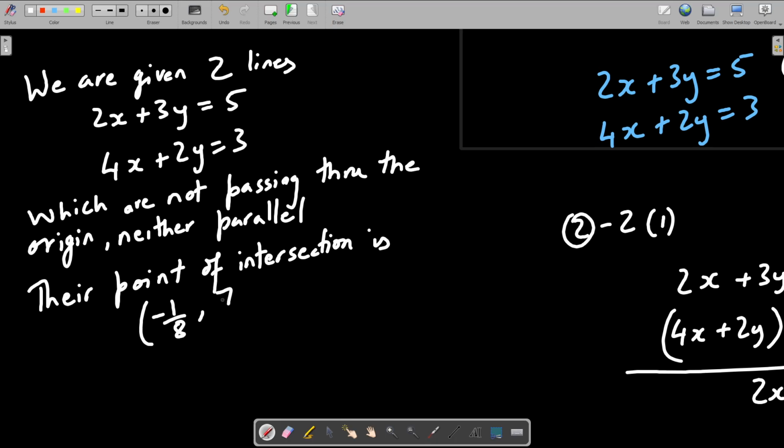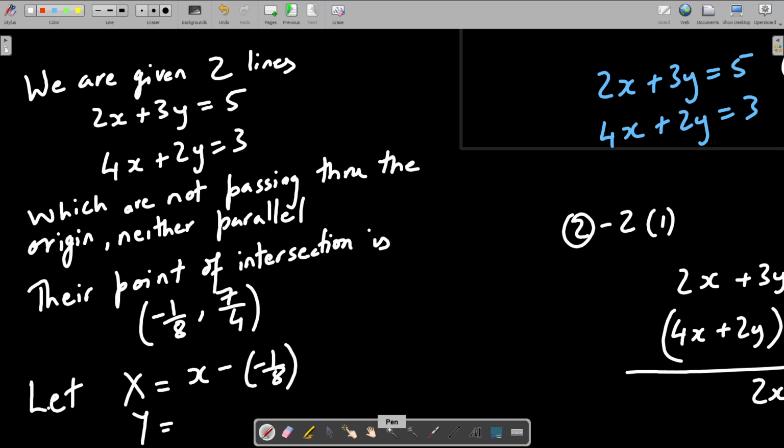Minus 1 by 8 and 7 by 4, right? So let capital X be equal to small x minus 1 by 8, and capital Y be equal to small y minus 7 by 4.